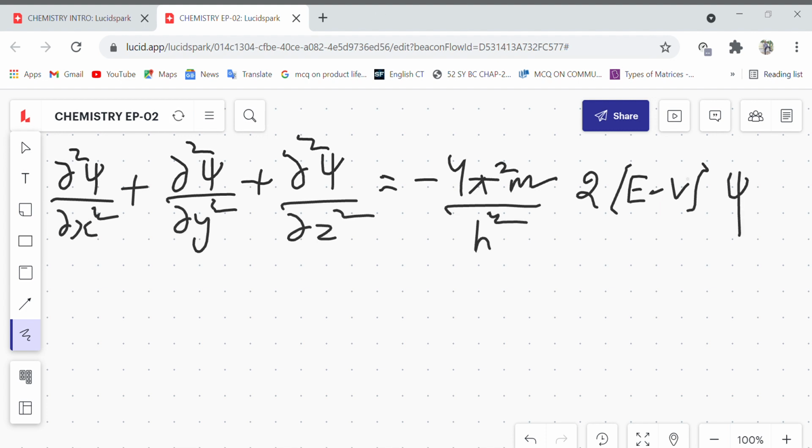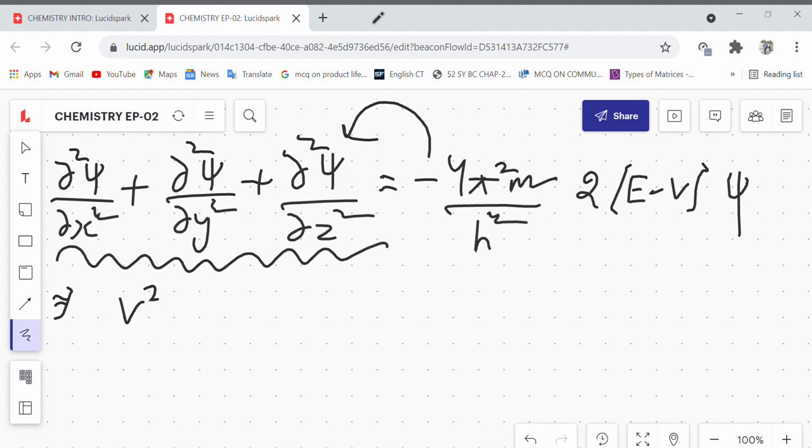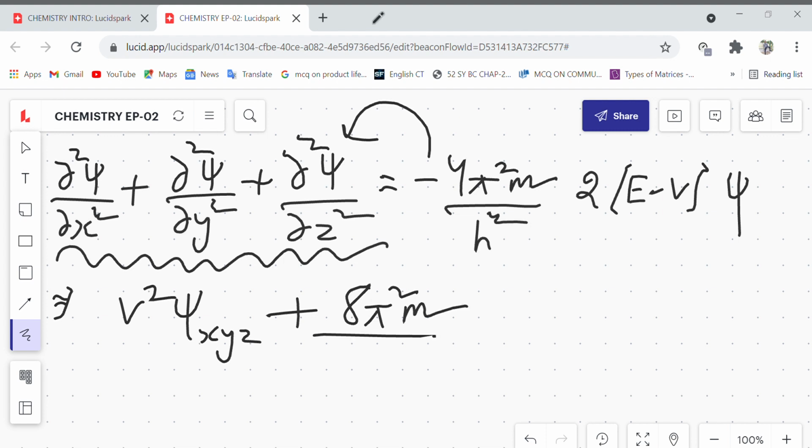So this is the case. Now I will take this over here. Then instead of writing so much, I can minimize this as del square psi xyz plus 4 2s are 8 pi square m divided by h square whole into E minus V whole into psi.